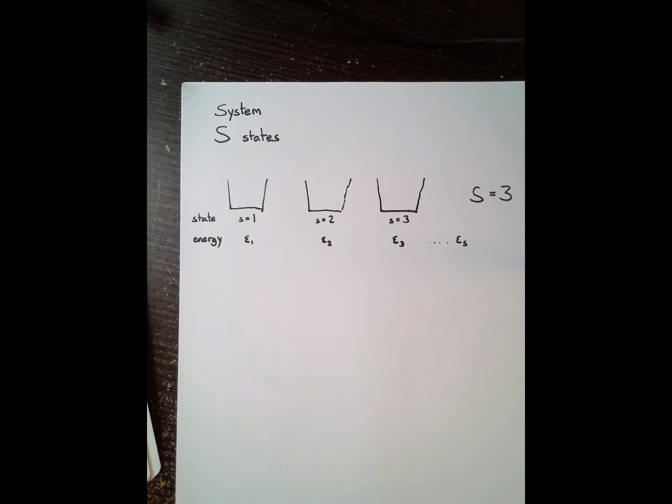So again, bear in mind that this is an analogy to a physical system. For example, these states could be orbitals of an atom. So in a hydrogen atom, you have essentially an infinite number of states, but you've only got one electron.